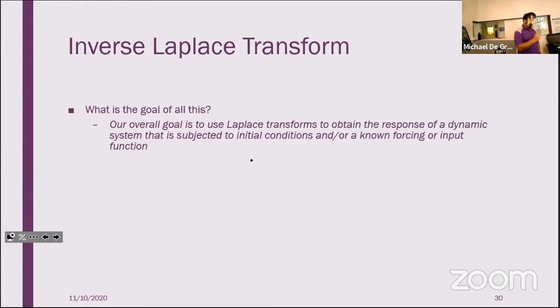Because we can get the solution to our differential equation from doing algebra, okay? So our overall goal is to use the Laplace transform to obtain the response of a dynamic system that is subjected to initial conditions and/or known forcing inputs.